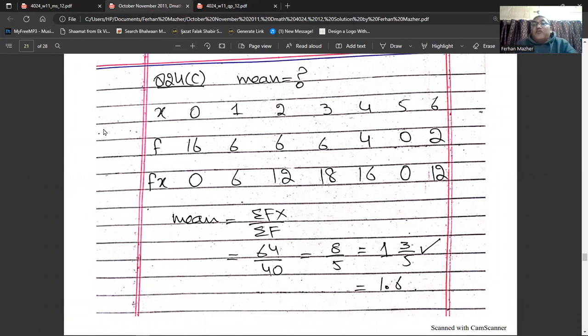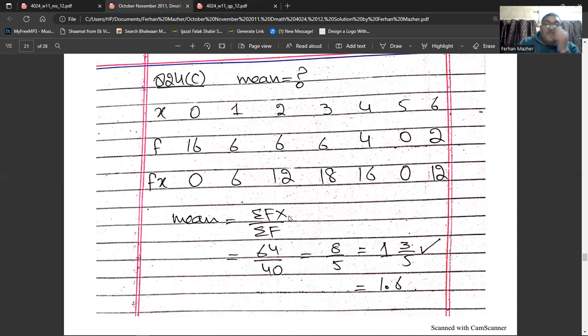We will find fx, which means you multiply the x and the f with each other. So 0 multiplied by 16 is 0, 1 multiplied by 6 is 6, 2 multiplied by 6 is 12, 3 multiplied by 6 is 18, 4 multiplied by 4 is 16, 5 times 0 is 0, 6 times 2 is 12.